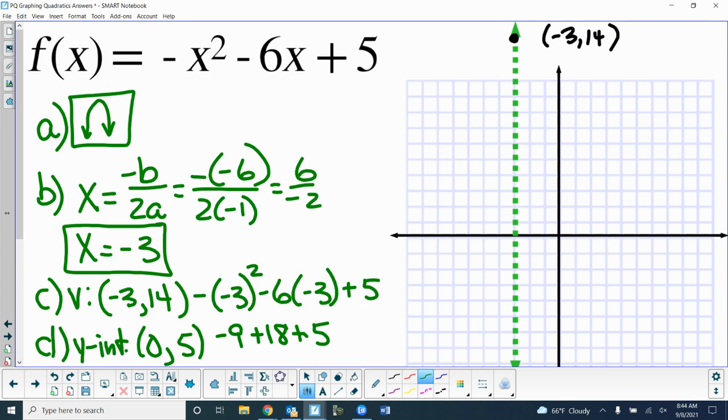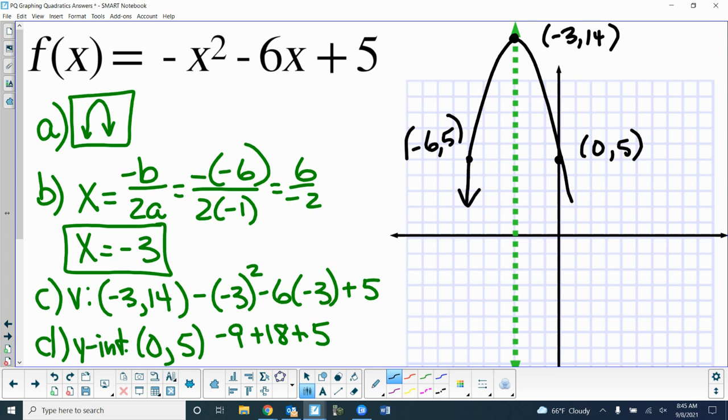Okay. 0, 5, 1, 2, 3, 4, 5. It's right here. So where's my other point? How do I get that third point? 3 left of that, right? So 1, 2, 3 to the left, straight across from that y-intercept, and that's -6, 5. So there is our parabola.